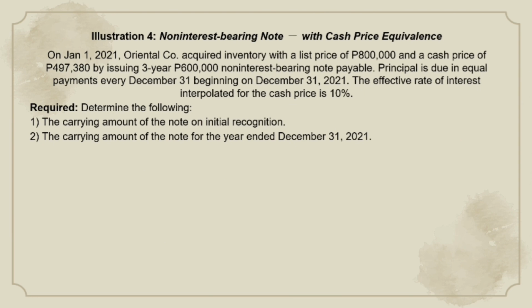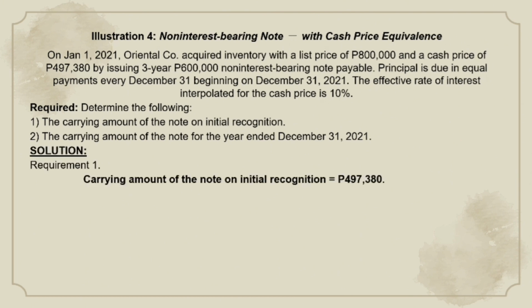Principal is due in equal payments every December 31, beginning on December 31, 2021. The effective rate of interest interpolated for the cash price is 10%. So required, determine the following. First, the carrying amount of the note on initial recognition, and second, the carrying amount of the note for the year ended December 31, 2021.